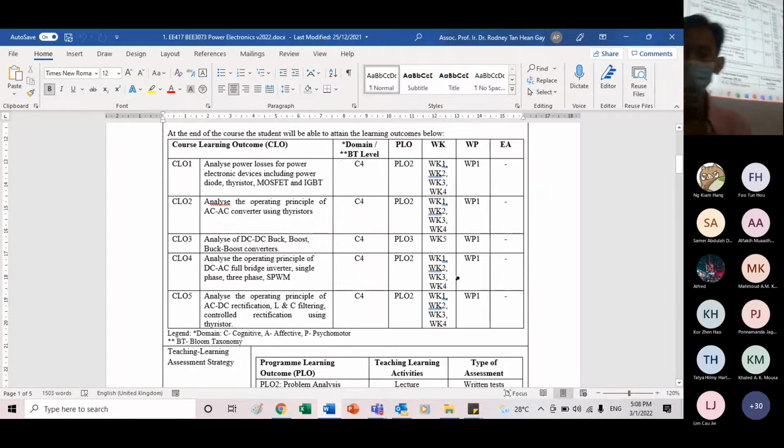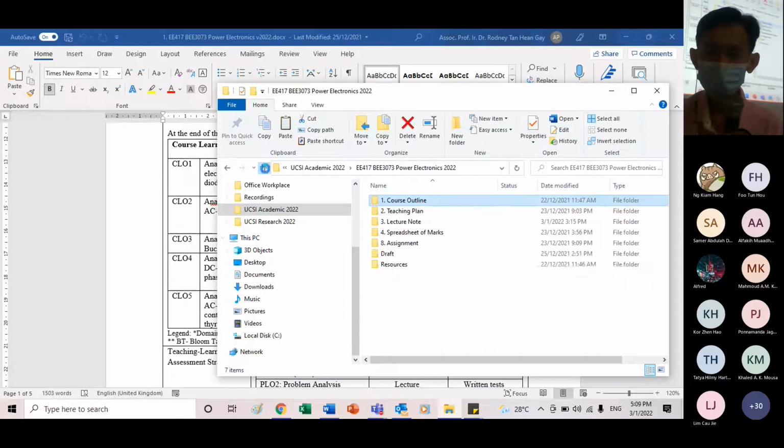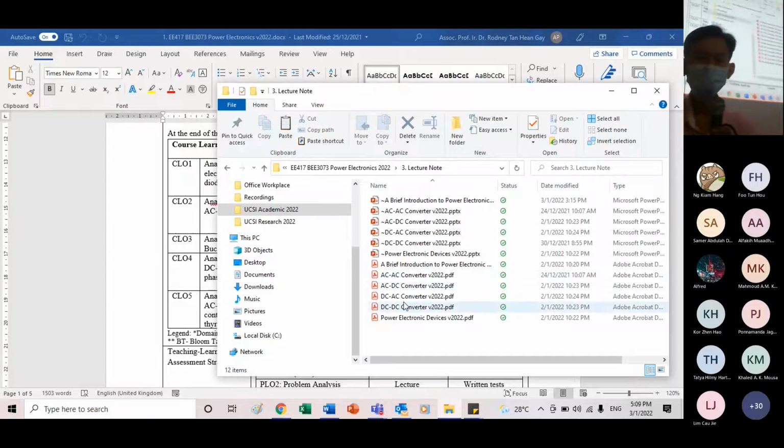So we are going to have the normal 5 CLO, and these 5 CLO are clearly divided into 5 different chapters. I already uploaded the lecture notes in CN. You can see there are 5 chapters.